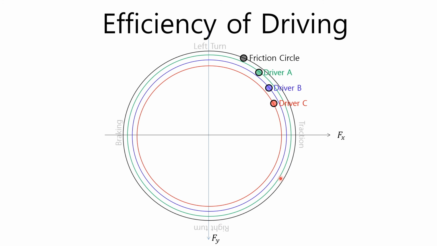For example, if drivers A, B, and C drive a vehicle in the driving state indicated by the dots in the figure when the tire has a black friction circle, A is the best driver with the smallest lap time. On the other hand, driver C shows the longest lap time.